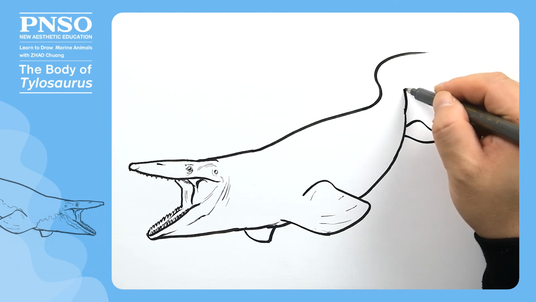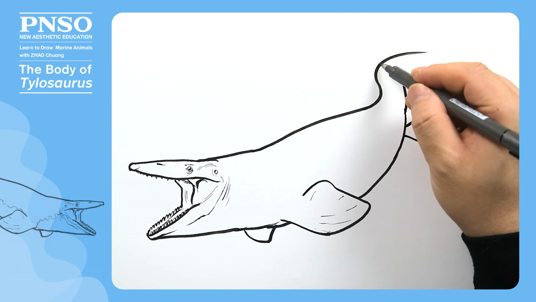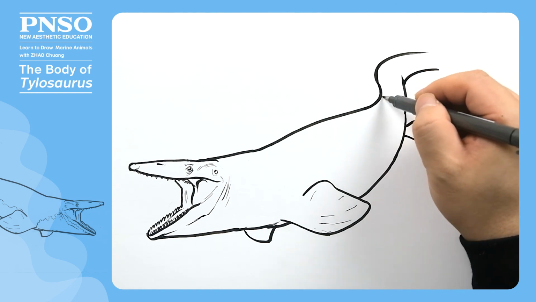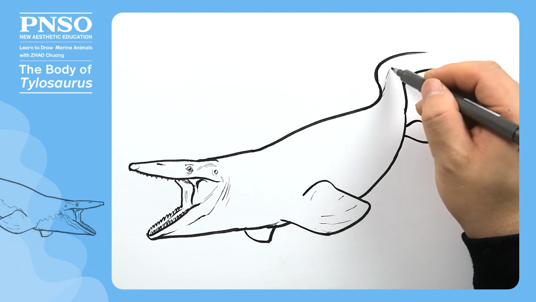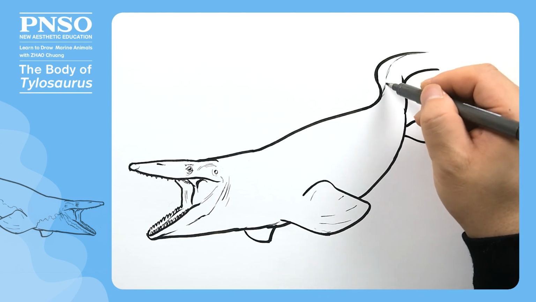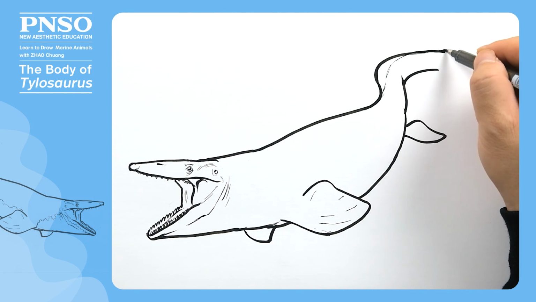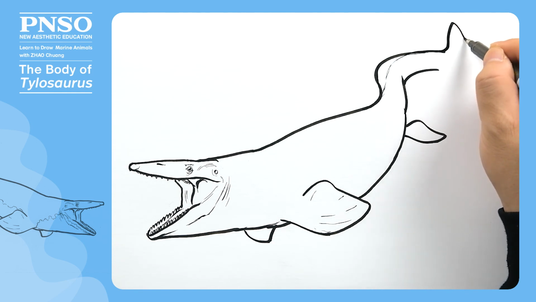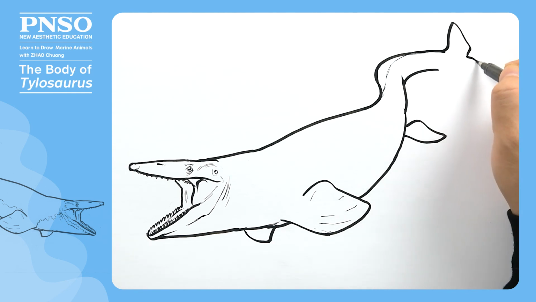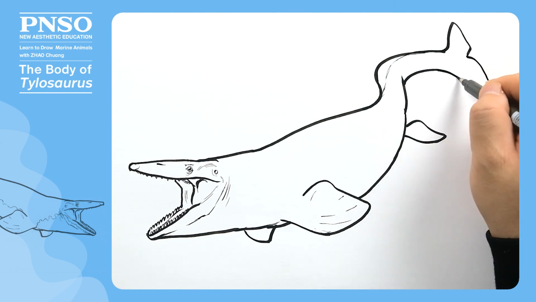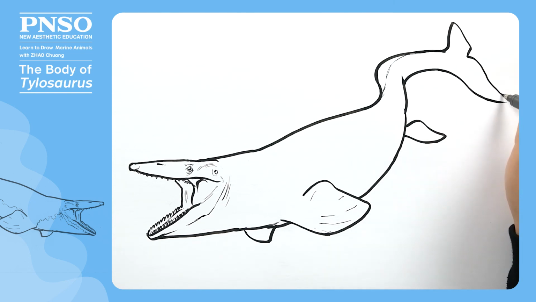Next, we draw its tail and fold it over like this, and the midline of the back was here. The tail ended with an asymmetrical caudal fin. The lower lobe being larger, and the upper one smaller.